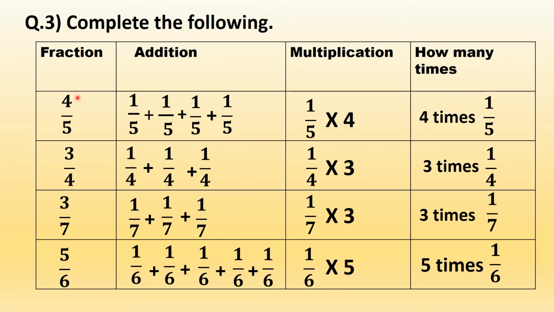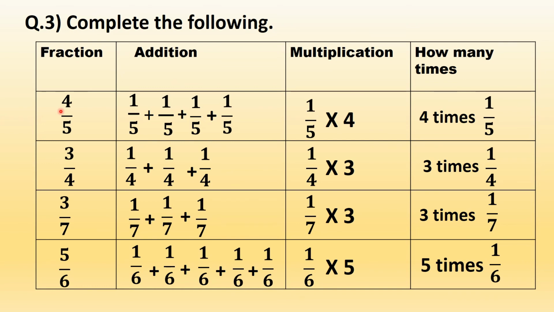Question number 3. Complete the following. In the first column, fraction. Second column, addition. Third column, multiplication. In the fourth column, how many times. So in the fraction, the first one, 4 upon 5.